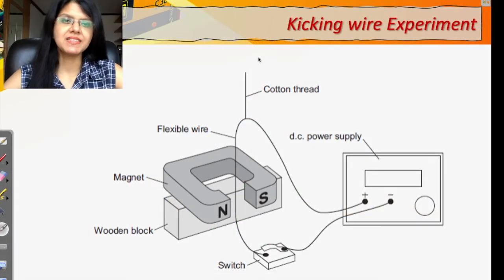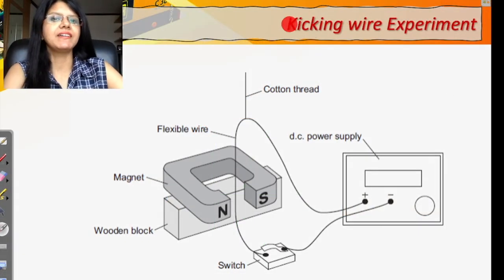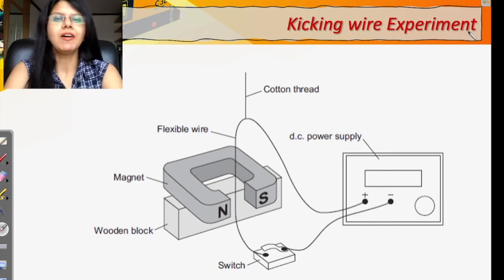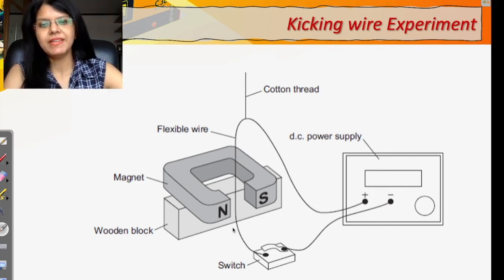Let's understand this experiment, the kicking wire experiment, which lays the foundation for understanding the working of electric motors. It's very important that we understand this experiment. Alright, so let's understand what you see on the screen right now. Right? So easy and simple to understand. You see a magnet, north pole of the magnet and the south pole of the magnet, easy to understand.